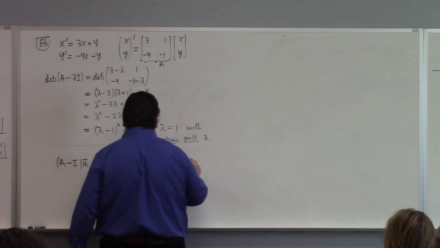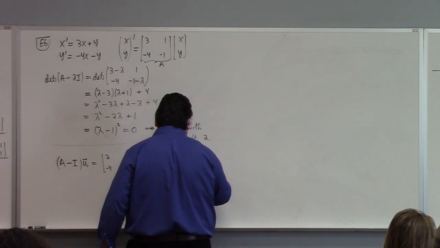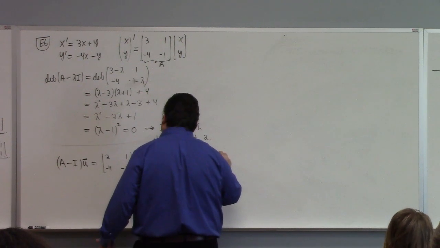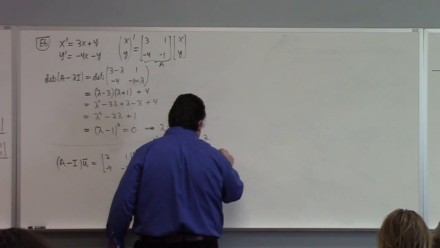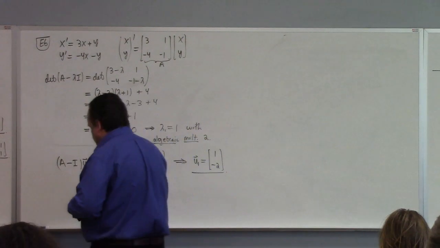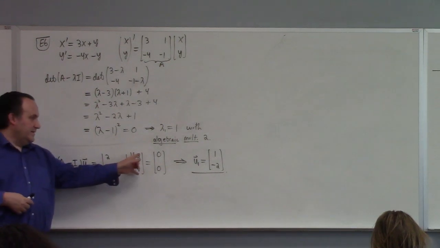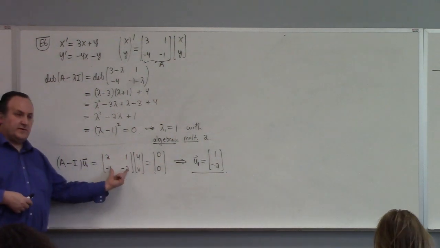So go through the usual song and dance. My u1 is going to be equal to like 1, minus 2. You want to know my secret? I don't actually solve the equations. I just look for a vector which is perpendicular to both of these rows.